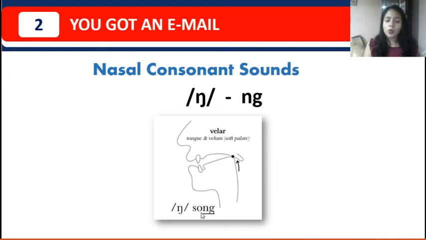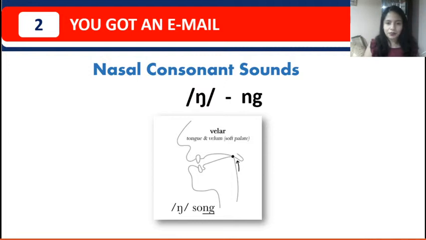We are talking about the N sound of some words that have NG. So how do you pronounce this? Song. Okay, song. Remember, you must remember that that is a nasal consonant sound.